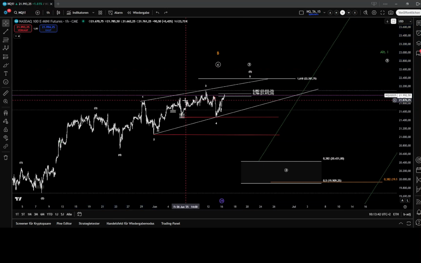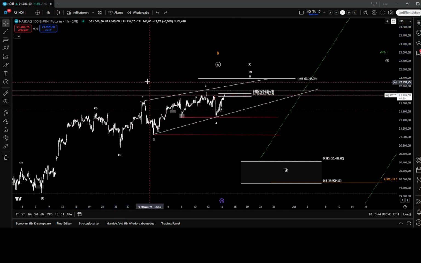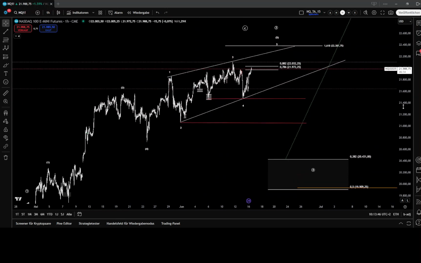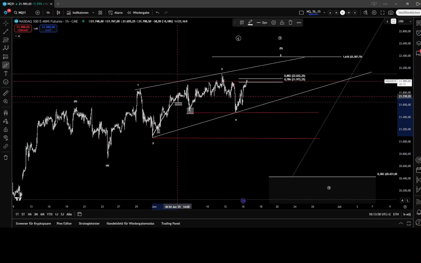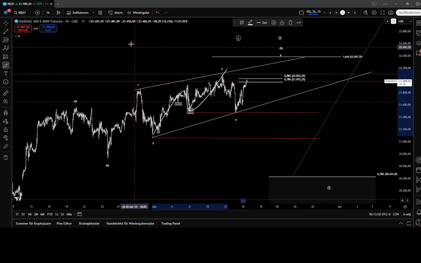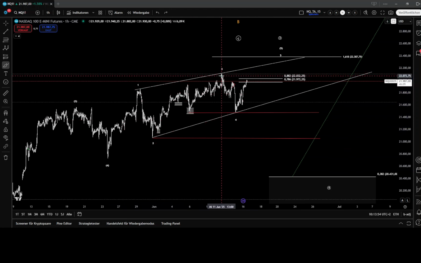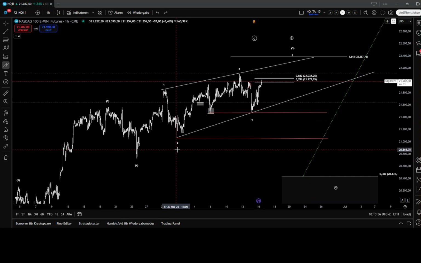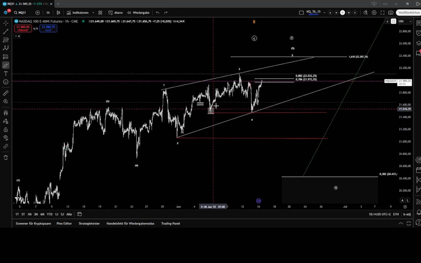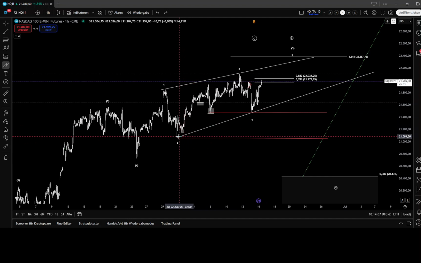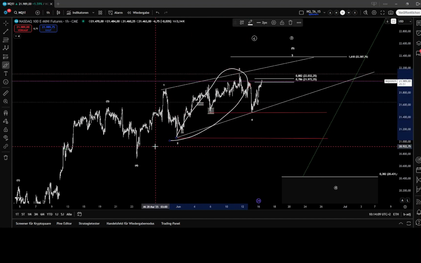Actually, I would not label that as an ABC structure. I was looking at it and I nearly forgot to talk about it, but it looks to me that we have a double zigzag structure here to the upside, so I would label that as a WXY. And in an ending diagonal pattern, there could be only one structure that is more complex than a flat or a zigzag. And that's the part right now that I would label as a WXY pattern.